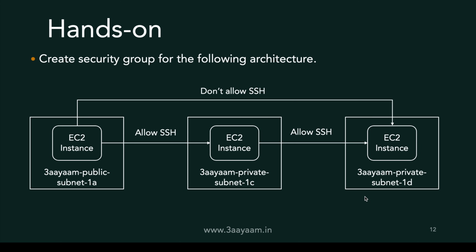By now you have an idea how security groups work and how they help in providing security to individual EC2 instances. One thing I wanted to mention is that you can associate a single security group to multiple EC2 instances, or you can associate multiple security groups to a single instance.